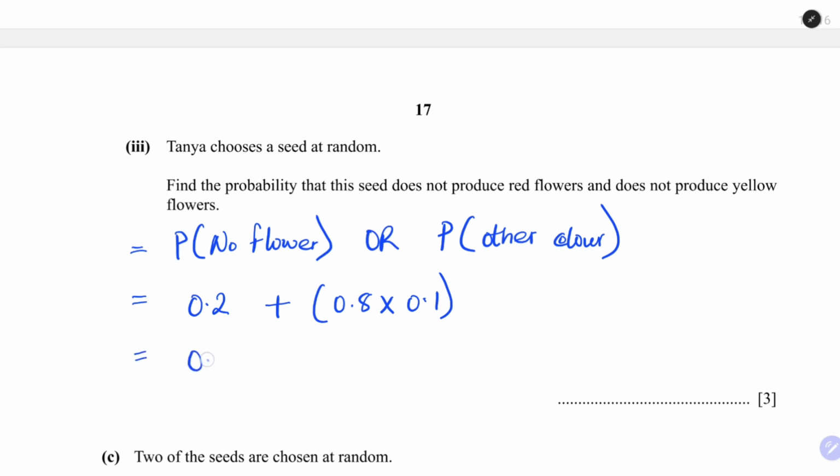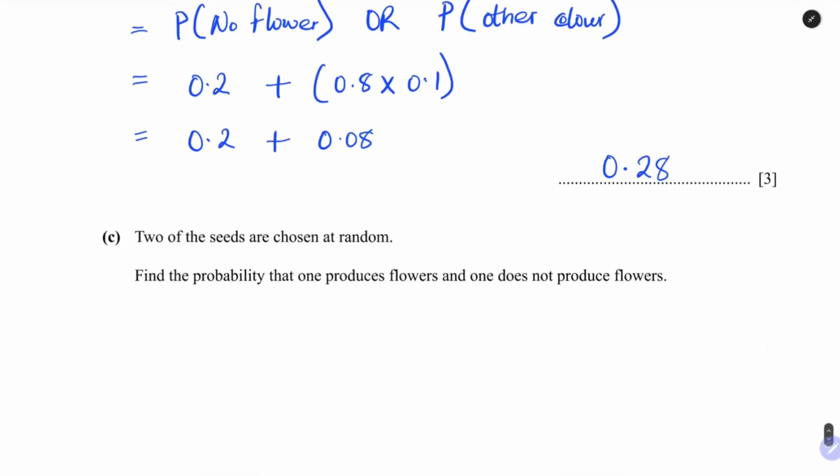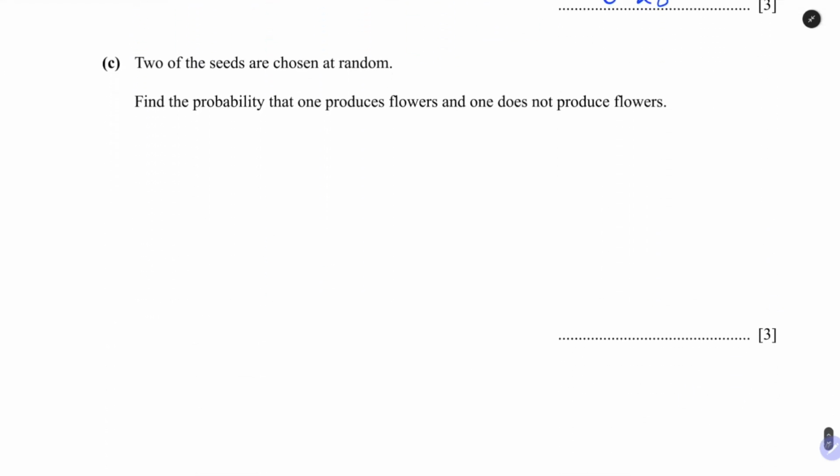So this is going to be 0.2 plus 0.8 times 0.1, which is 0.08. This plus this is going to give us 0.28.